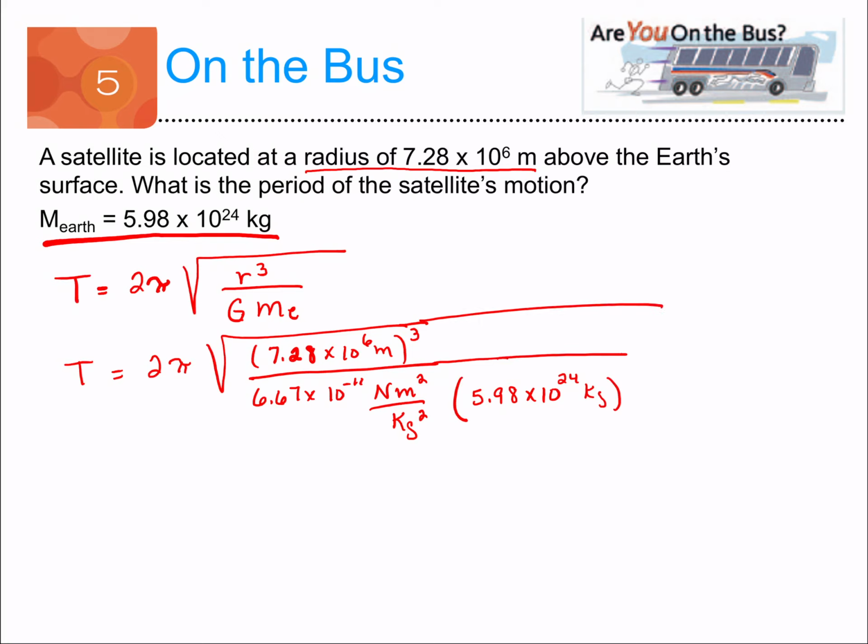So we take the square root of that, multiply that by 2 pi, and we get T equals 6.179 seconds. Okay, let's try one other one.